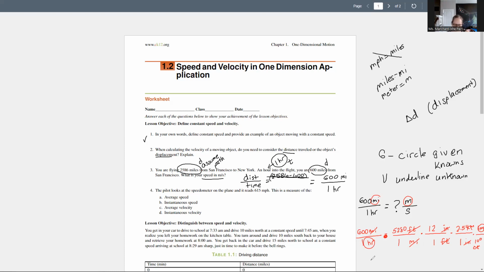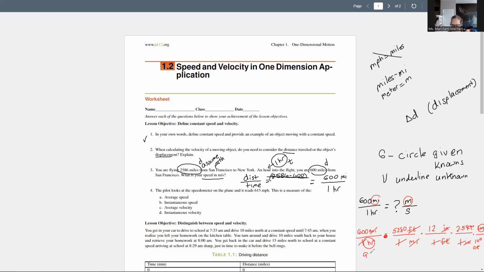And so that is going to be 600 times 5280 times 12 times 2.54, and all of that divided by 100, because everything else is a 1, so it's basically going to drop out.